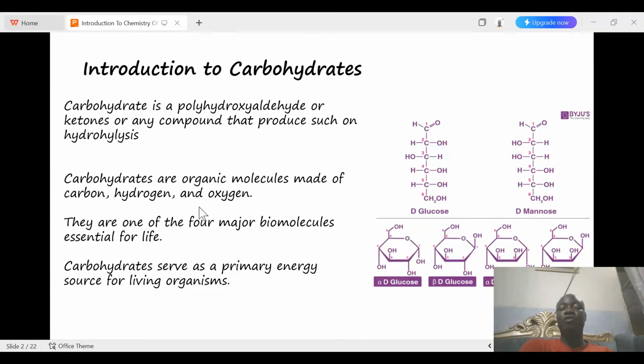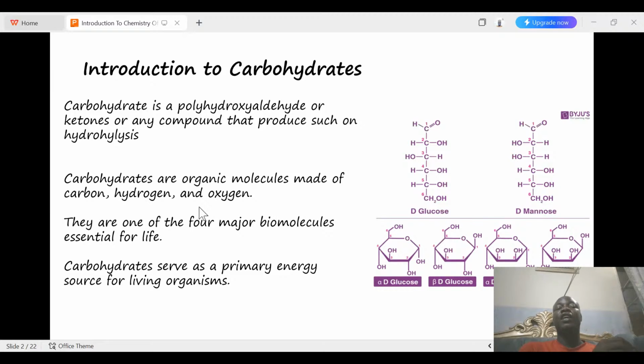The other name for aldehyde is alkanal. And the other name for ketones is alkanone. The spelling of alkanone is A-L-K-A-N-O-N-E, that is alkanone.